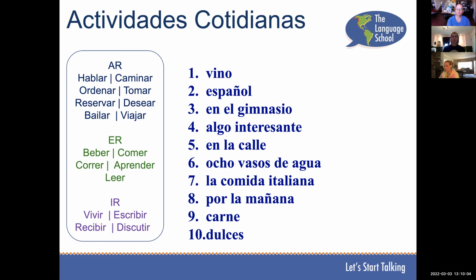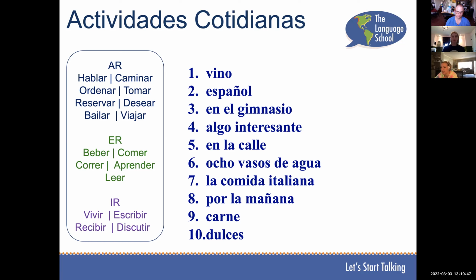So algo interesante, something interesting. ¿Lees algo interesante? Sí, leo algo interesante. ¿Vives en la calle? No, no vivo en la calle.